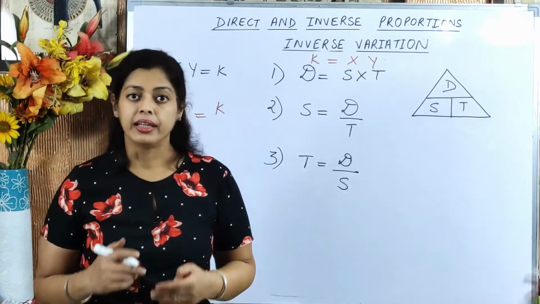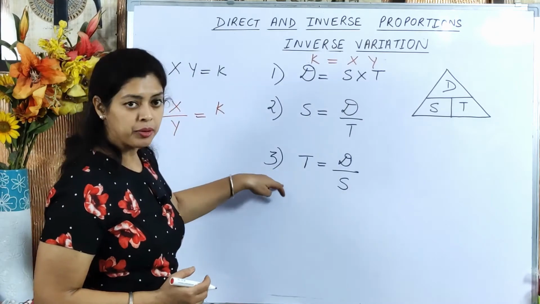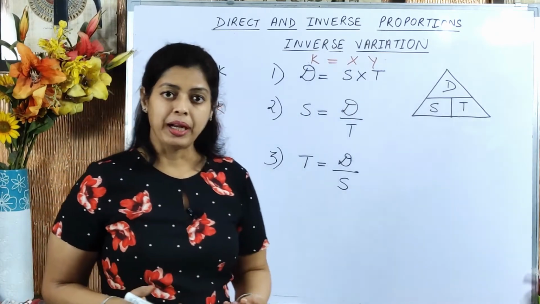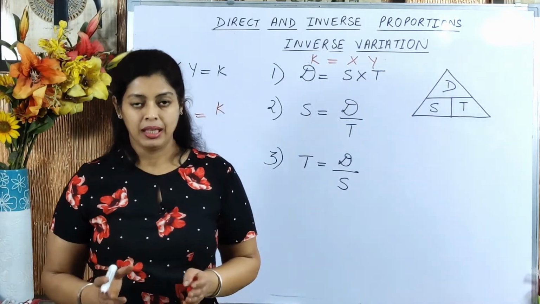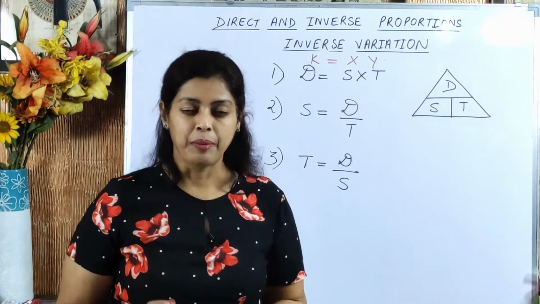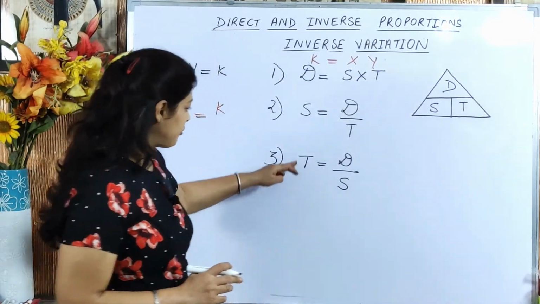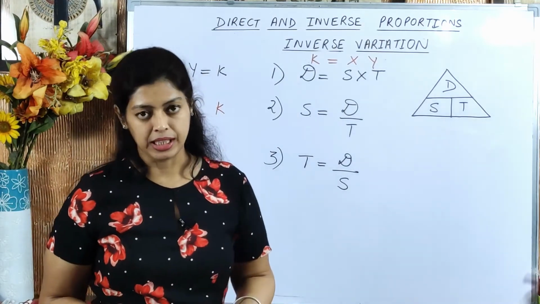That is, they vary directly with each other. Same is the case here. If time is kept constant, more the speed, more will be the distance covered within the same period of time. Less the speed, less will be the distance covered within the same period of time. Again, if time is kept constant, distance and speed vary directly with each other.